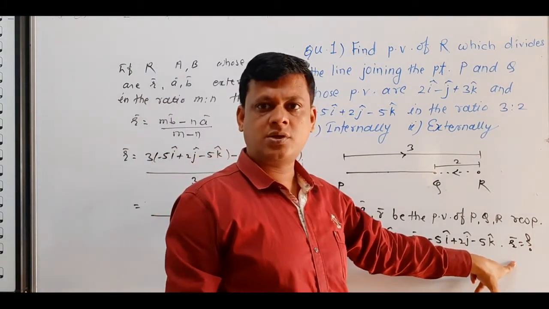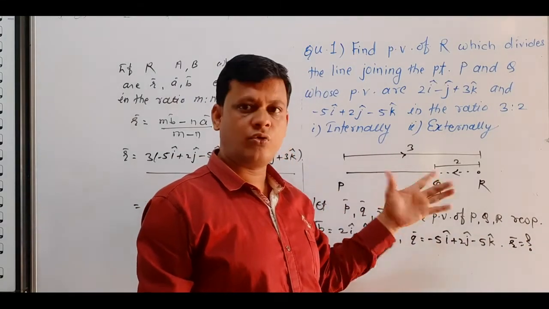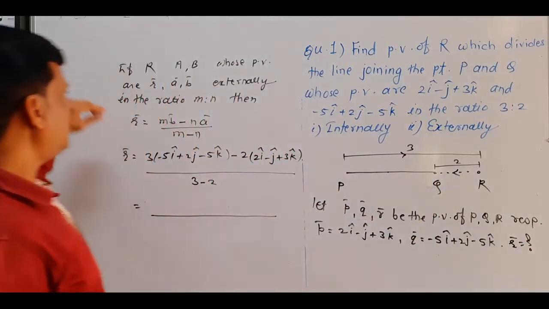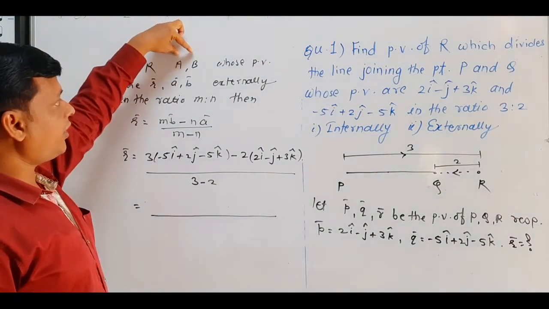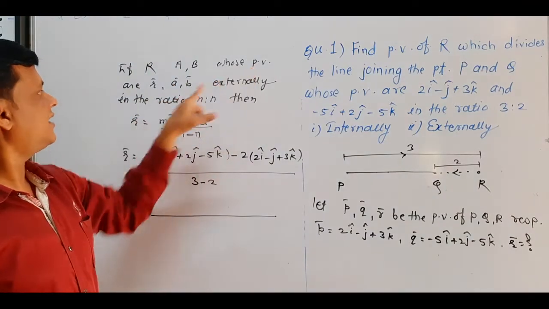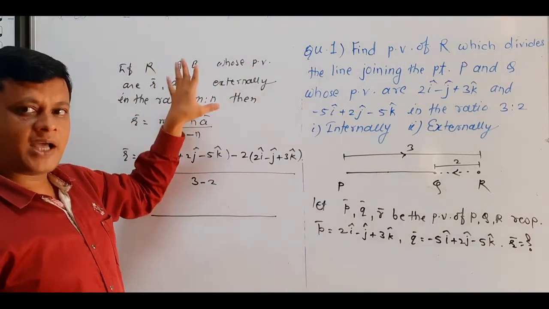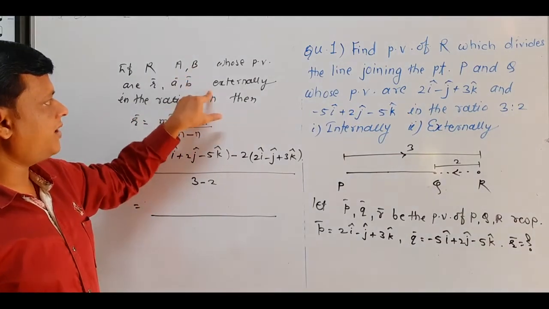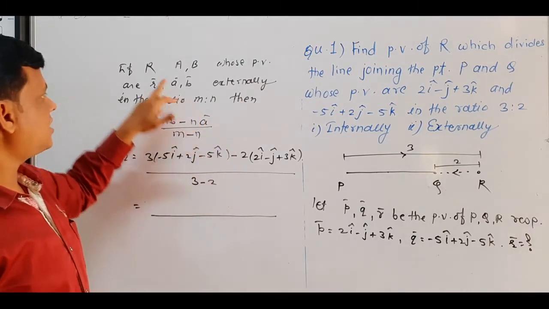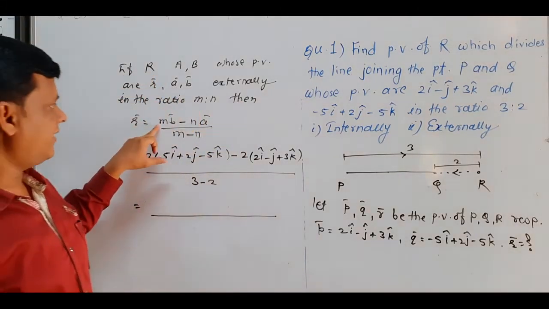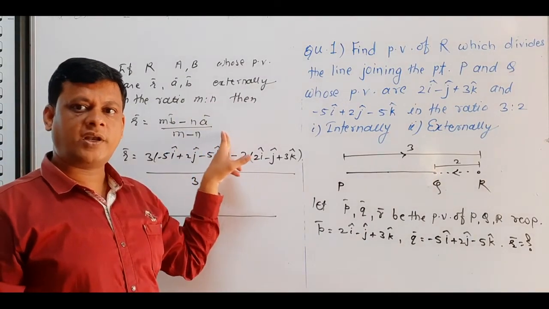We have to find the position vector of point R which divides the line segment PQ externally. So if R divides the line joining the points A and B, whose position vectors are A bar and B bar, externally in the ratio m:n, then the position vector of R is m B bar minus n A bar upon m minus n. This is the section formula for external division.